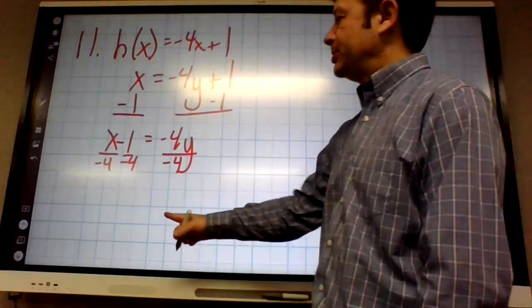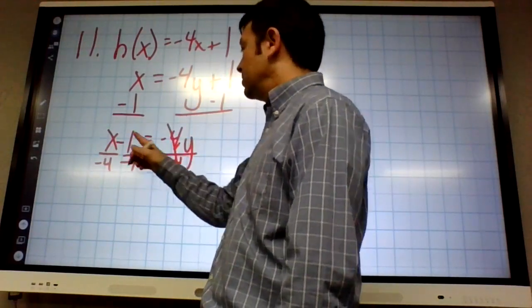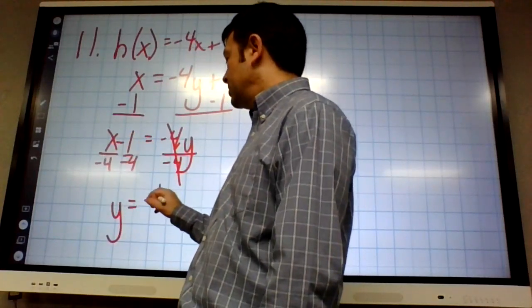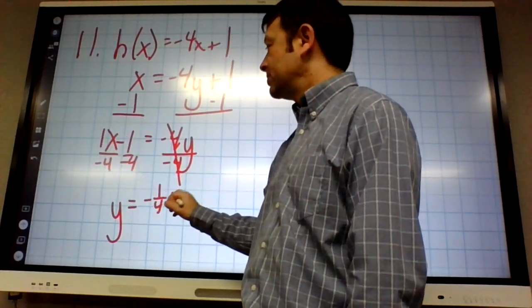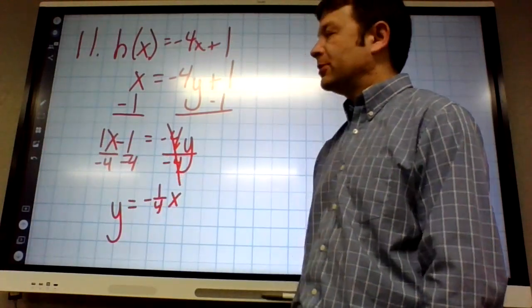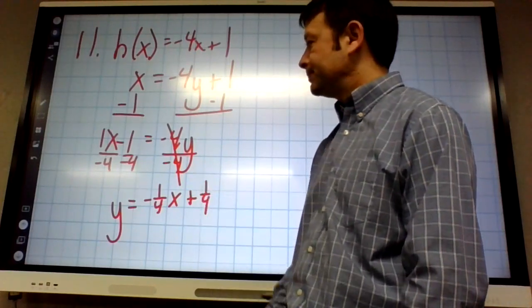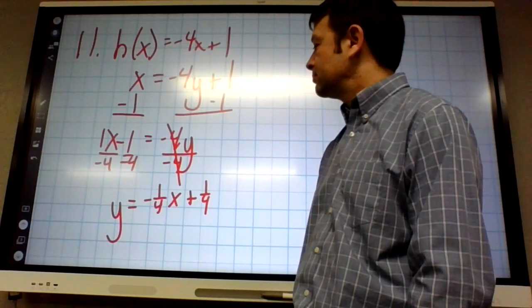So what is this going to become? What's x divided by negative 4? Negative 1/4 x. What's negative 1 divided by negative 4? 1/4. So why did you add that 1x over 4 to the left of the negative 1 over negative 4?